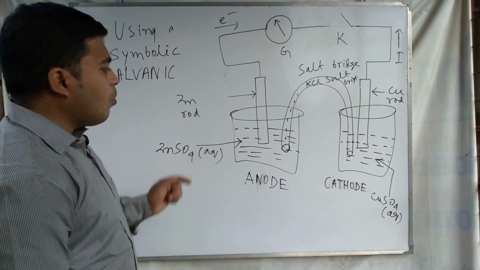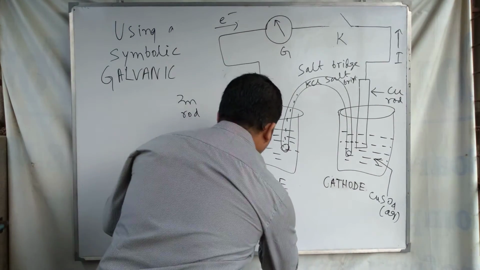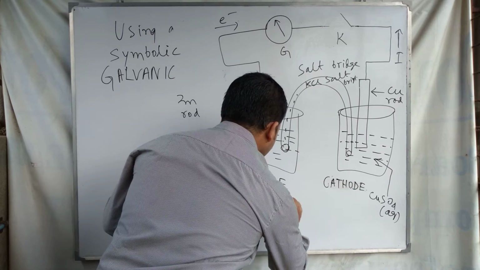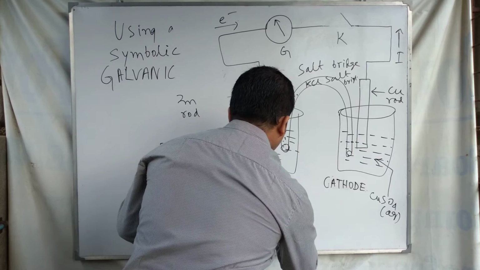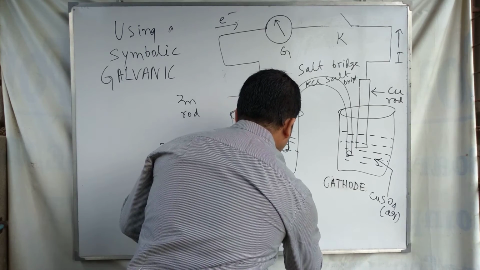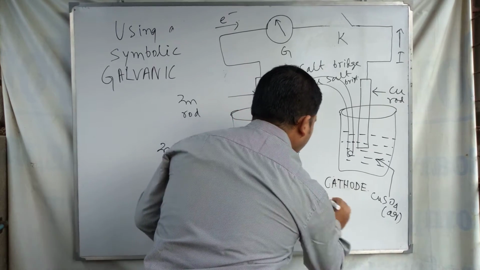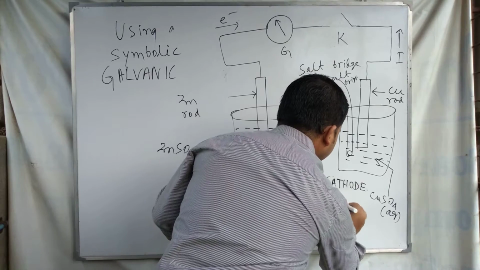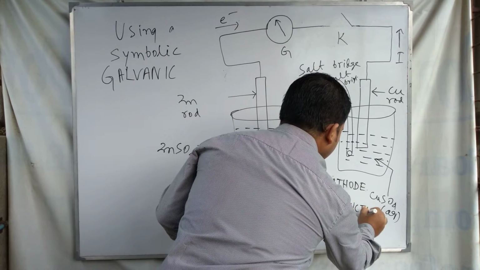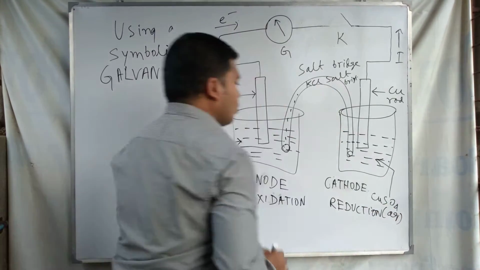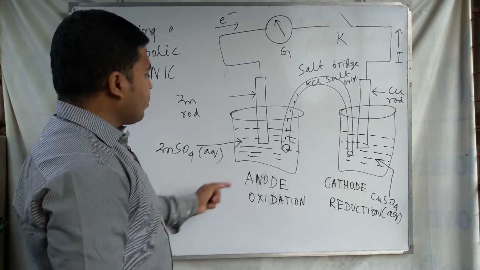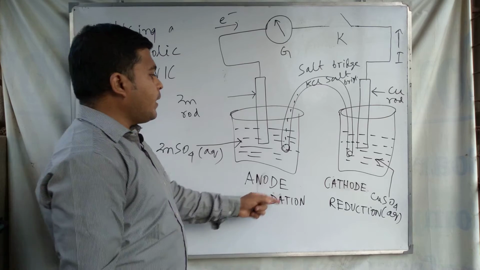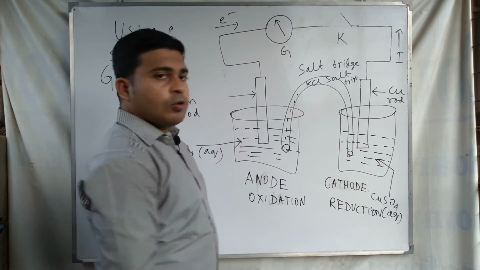In the anode, oxidation takes place. Here oxidation occurs, and here reduction is occurring. In the left hand side it is the anode and the right hand side electrode is called the cathode.